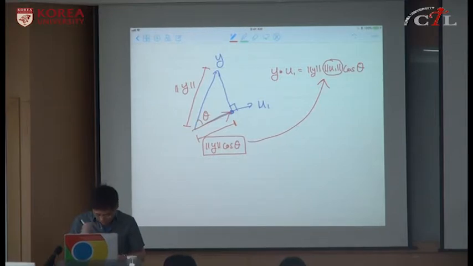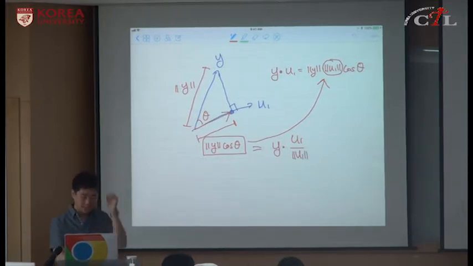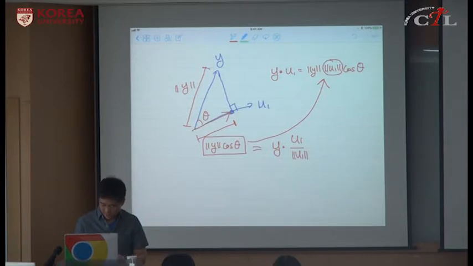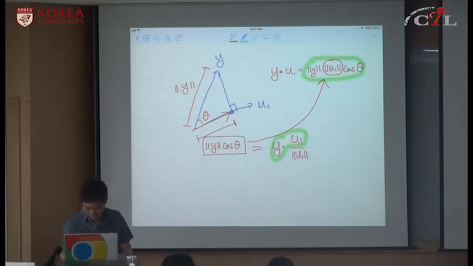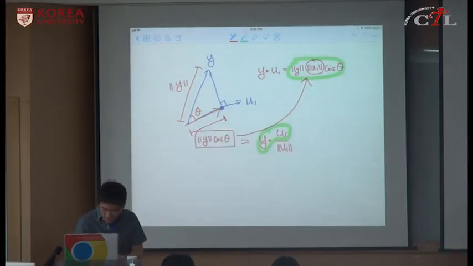So this can be represented as y dot u1 over the norm of u1.